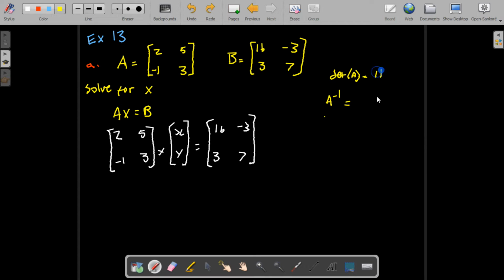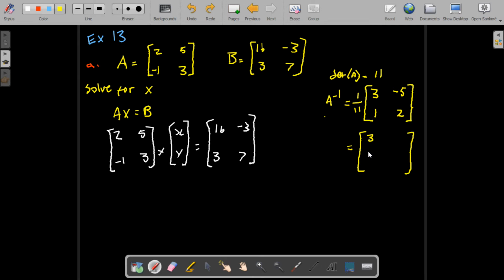So because I've got A inverse on the left, I have to multiply it by A inverse on the right. On the left, on the right hand side. So I multiply by the inverse here, multiply by the inverse here. When I do that, this one and this one cancel out, so I'm just left with x, y.